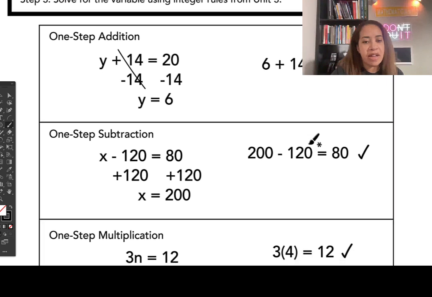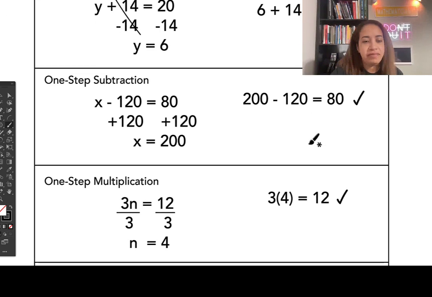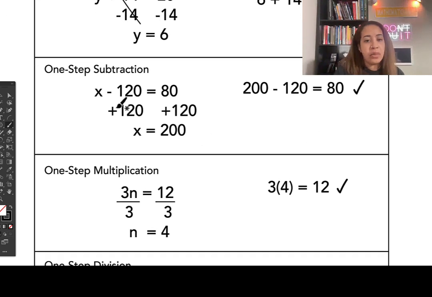Here's an example of subtraction. We see a subtraction problem. Our problem is saying x minus 120, and we know that we want to do the opposite operation to both sides. Instead of subtraction, the opposite is addition, so we add 120 to both sides of the equal sign.